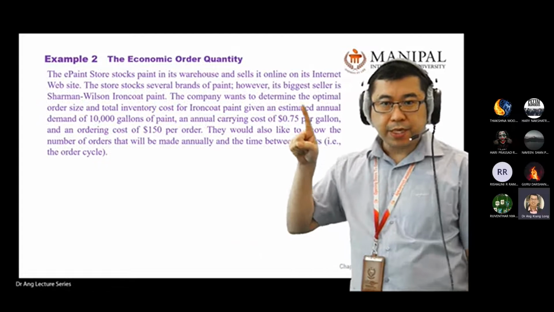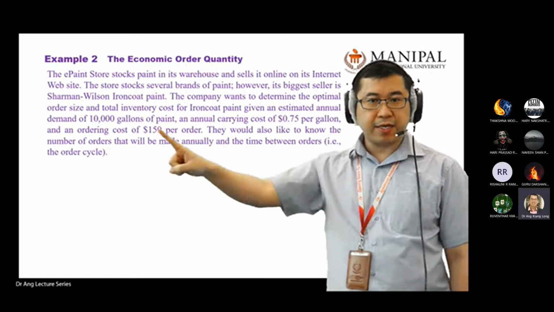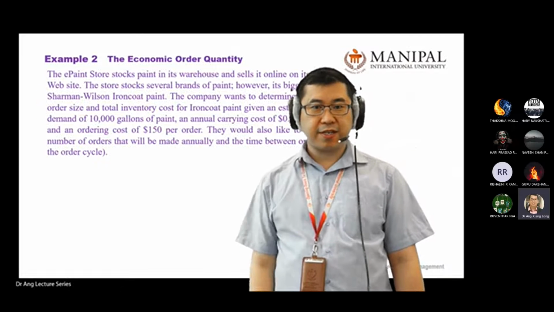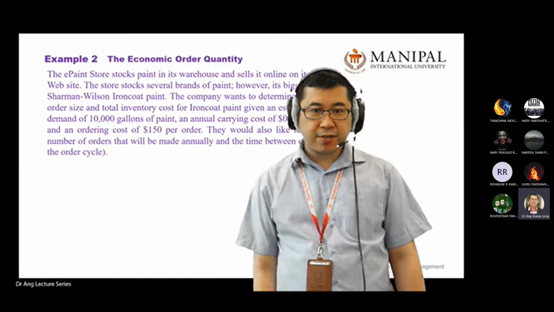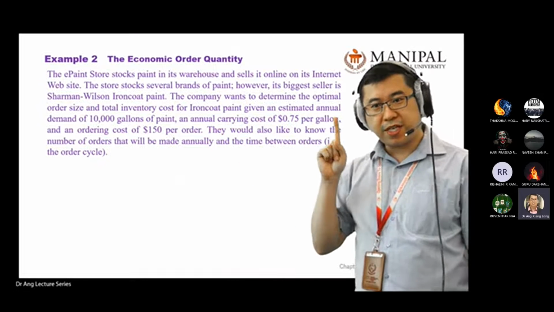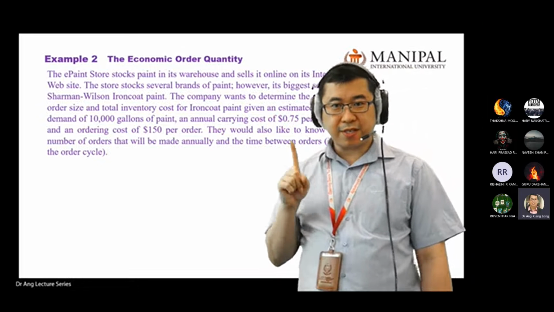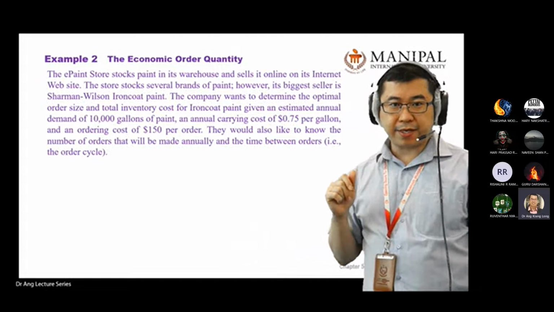Given an estimated annual demand, D is given. So D is 10,000 gallons. Annual carrying cost is given, which is your CC. Annual carrying cost is $0.75 per gallon.